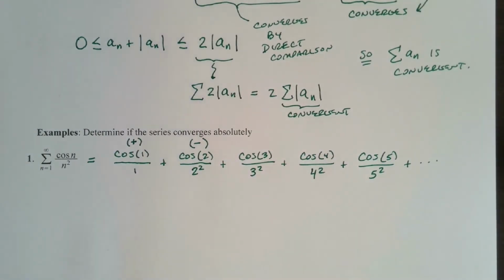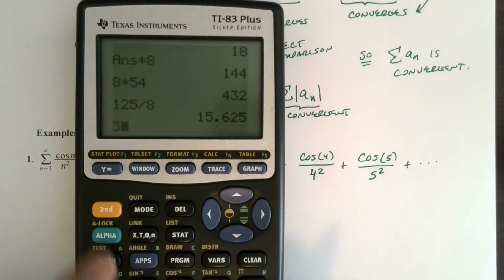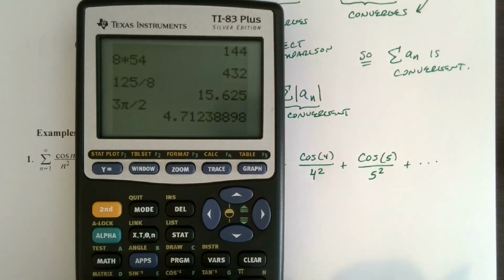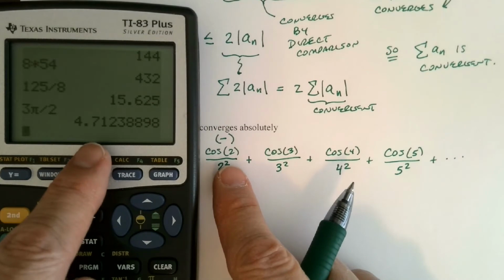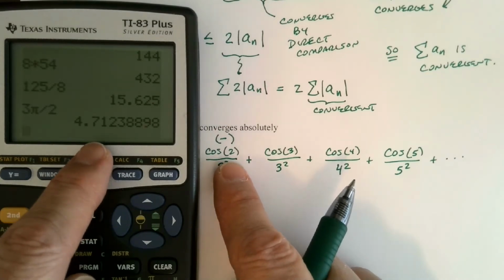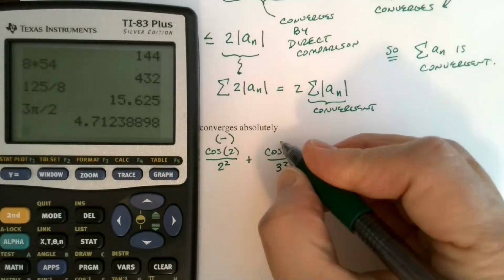And 3 pi over 2 is a little more than 9 halves. So we can just go and say, what is 3 pi divided by 2? It's going to be about 4.71. And so between 1.57 and 4.71, cosine is going to be negative. So cosine of 3 and cosine of 4 are negative.